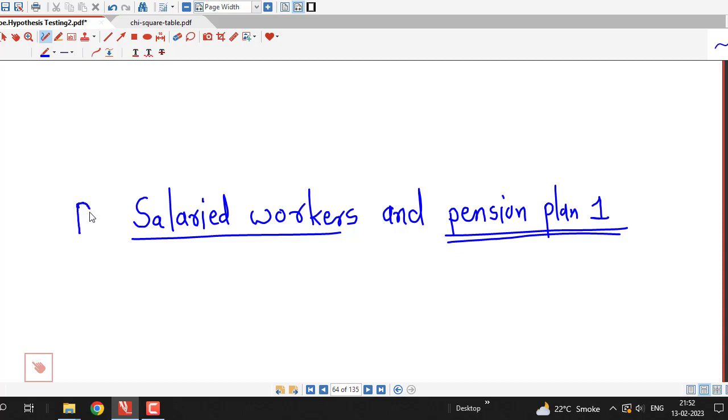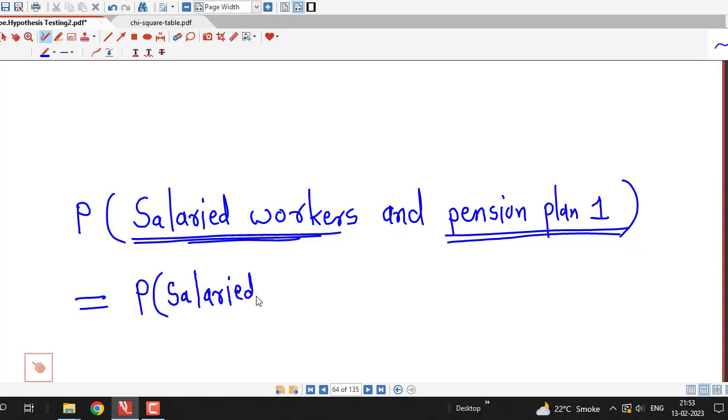So if we assume that the null hypothesis is correct, then this is the probability of the intersection of these two events, the probability of salaried workers and the probability that workers like pension plan 1, and we assume that these two variables are independent. Therefore we know that the probability of the intersection of two events is equal to the product of those two events if they are independent.